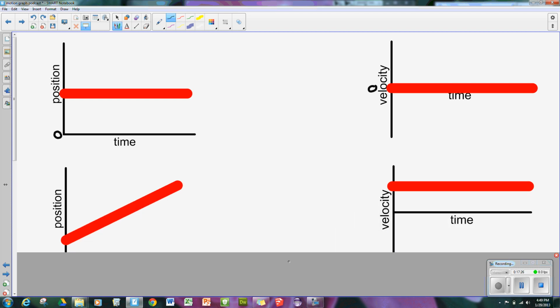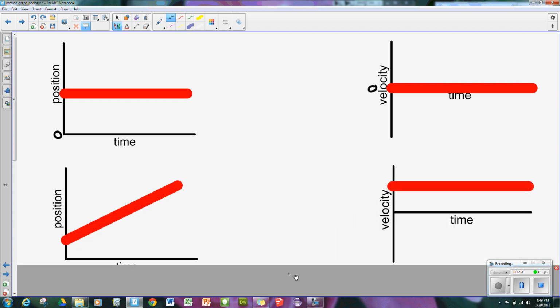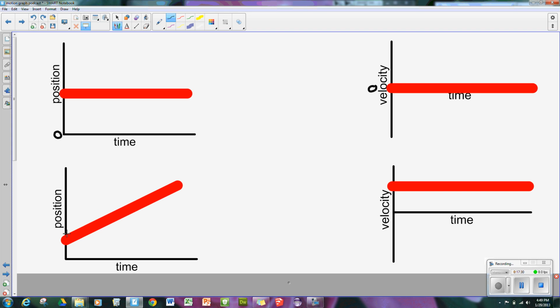If you have a diagonal line on a position time graph, then you will have a horizontal line on a velocity time graph, but not on 0. The slope here will give you the y-intercept for this graph.